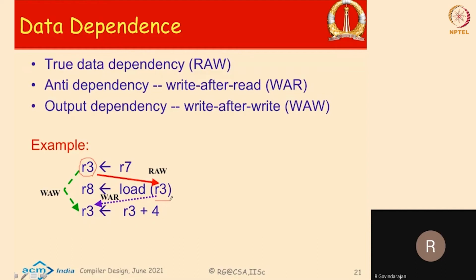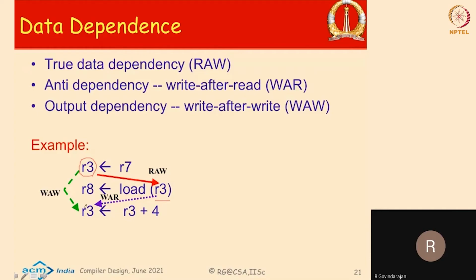There are also these other dependencies where this particular instruction is actually writing into R3, and this write has to happen only after this read has happened, because otherwise this instruction would not be able to complete in a meaningful way, right?